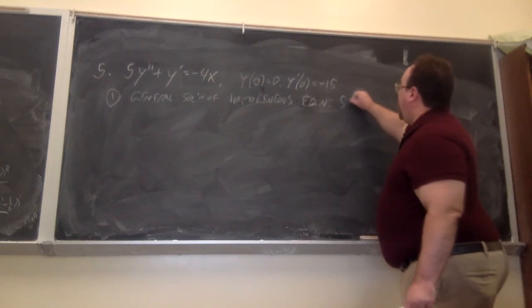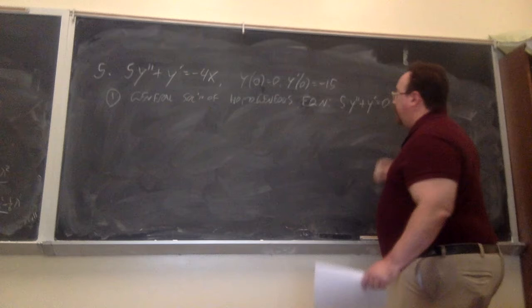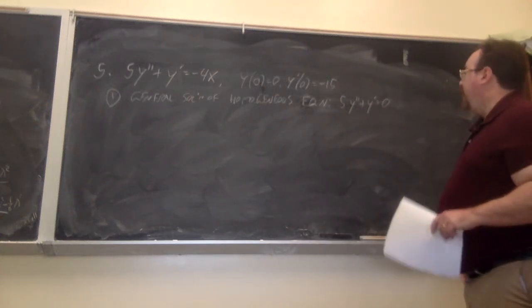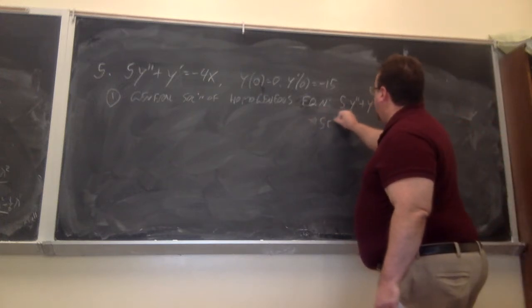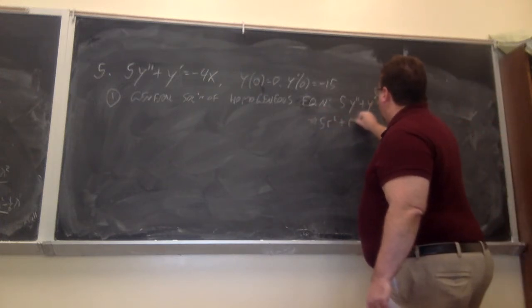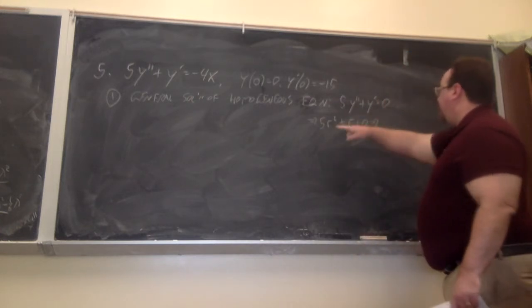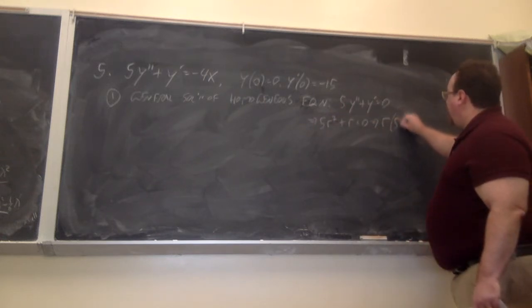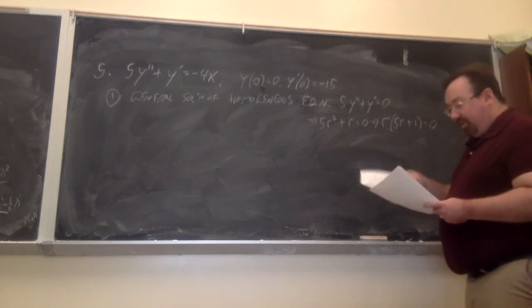So we have 5y double prime plus y prime is equal to 0. You're going to proceed as in the previous 3 problems. We have a characteristic equation like before, 5r squared plus r is equal to 0. So you can factor out an r, r times 5r plus 1 is equal to 0.